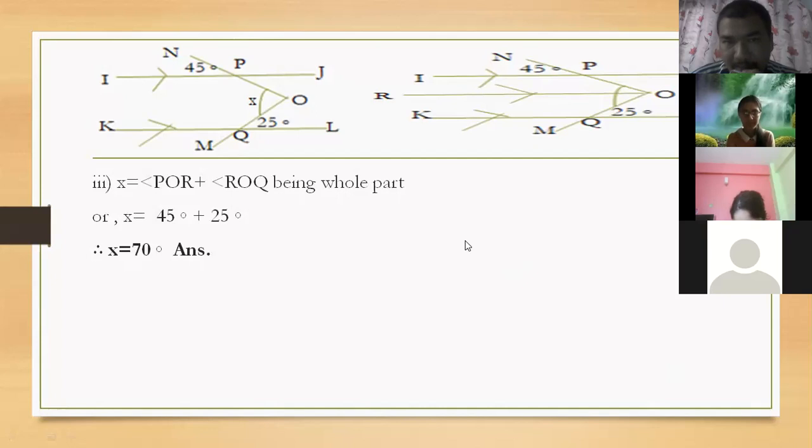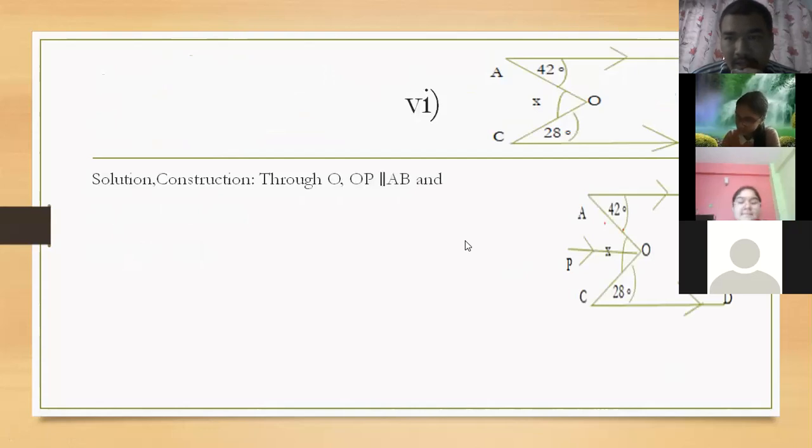Okay, I hope that everybody has understood this question. And this question, look here. Here also we have divided this angle X into two parts: angle AOP and angle POC. We have to draw OP parallel to AB and CD.